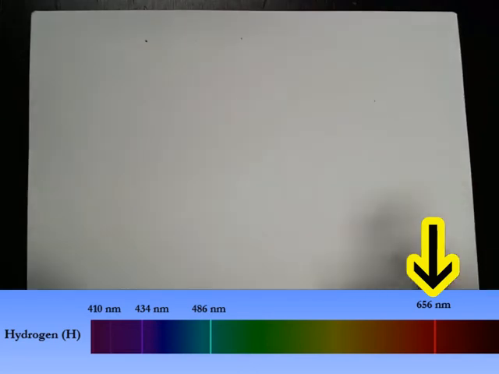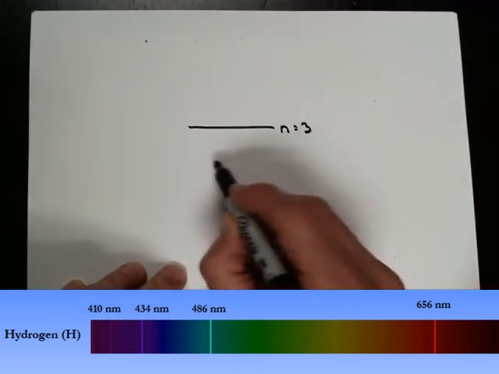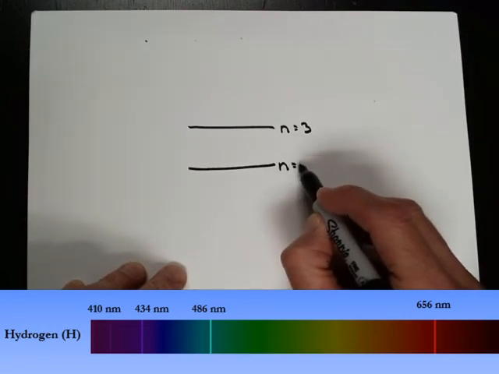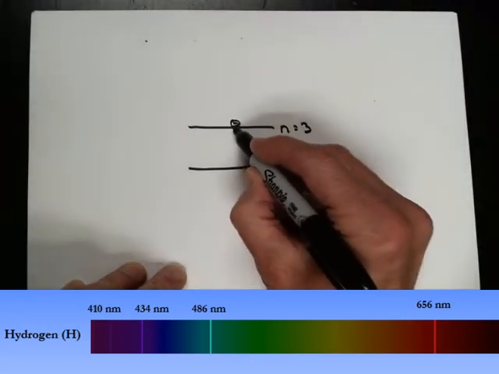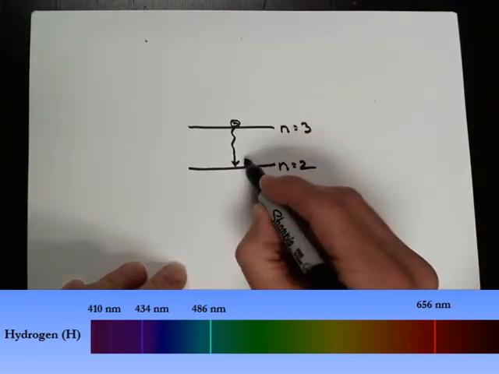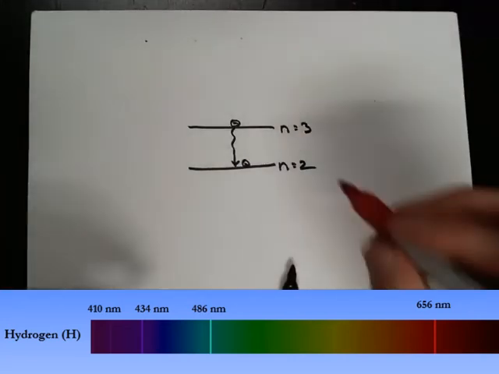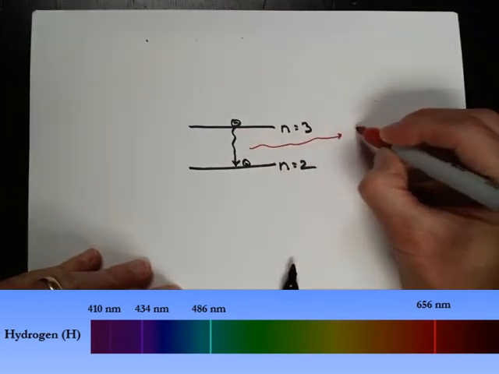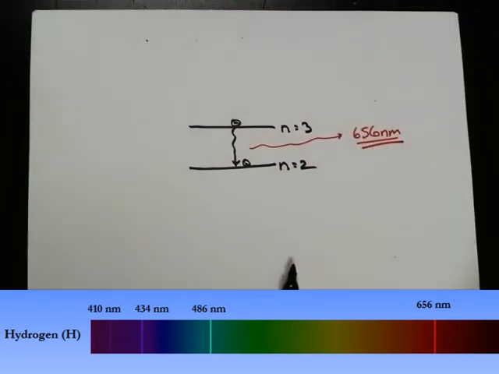And so what we found is that if we go from the n equal 3 state to the n equal 2 state of the hydrogen atom, when this electron drops from the n equals 3 to the n equals 2 level, a red photon is given off. That red photon at 656 nanometers exactly matches the wavelength of light that's given off by a hydrogen atom.